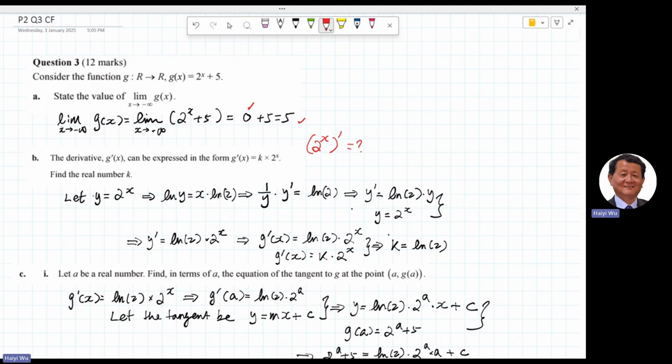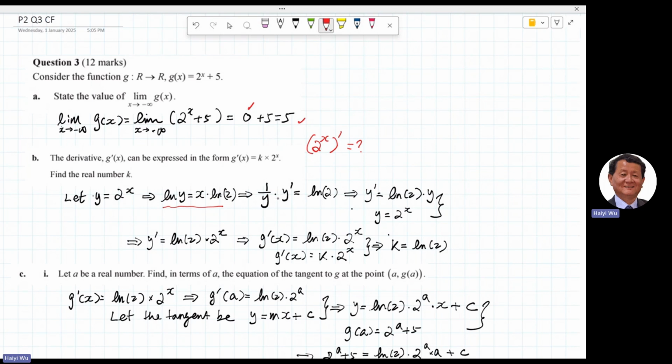How do we do that? Let me explain. Let y equal 2 to the power of x.